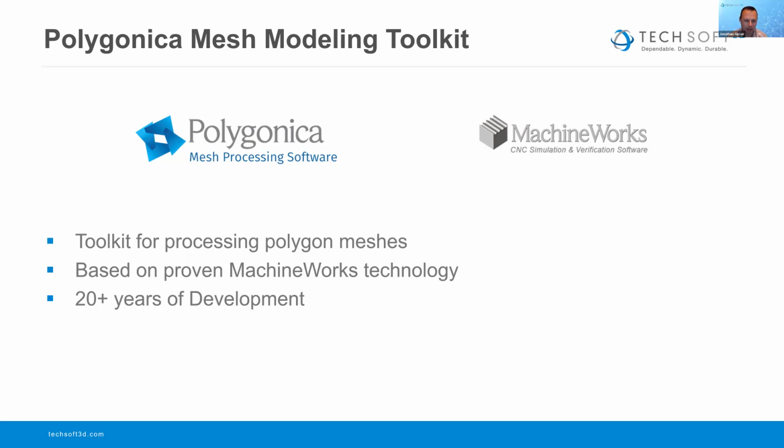Well, if I was to distill it, it's a toolkit for processing polygonal meshes. So we're not talking about the boundary representation or traditional CAD data, but we're talking about collections of triangles and polygons, many of which we see coming from STL files for 3D printing, from point scans, from analysis data, and it's a highly efficient tool for processing that and preparing it for a number of different workflows.